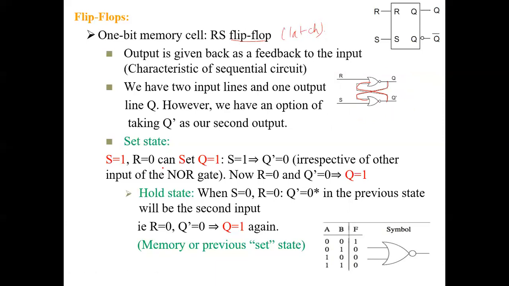So let's talk about the behavior of this flip-flop, okay? So how does it latch 1 and 0 here? This Q is sometimes 1. If you want to set, then this becomes 1.